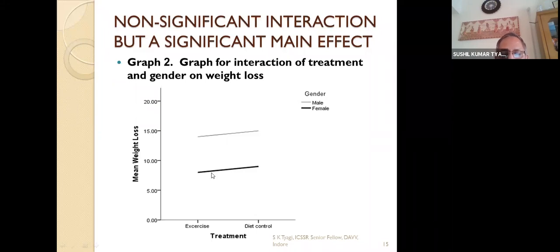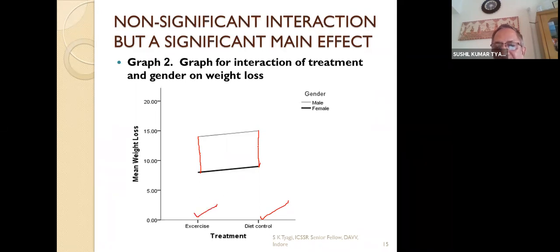Another way to interpret the interaction, let me tell you, is very simple. Interaction is also known as difference of the difference. This is the difference between male and female, the difference in weight loss for male and female for the diet control group. This is the difference of weight loss between male and female for the exercise group.